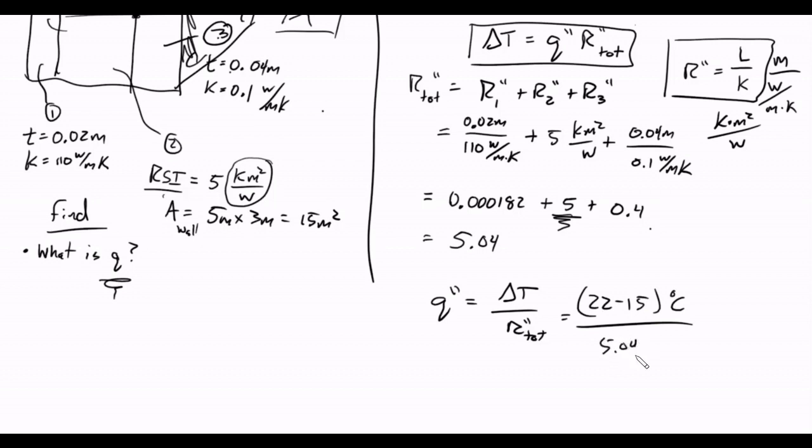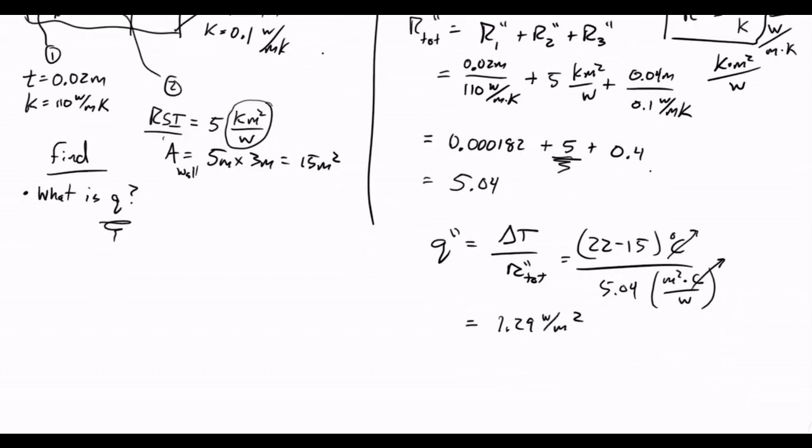And this is 5.04 times meters squared Celsius per watt. And this gives us, the Celsius cancels, watts per meter squared, which are the units of flux. So we have 7 divided by 5.04, you get 1.29 watts per meter squared.